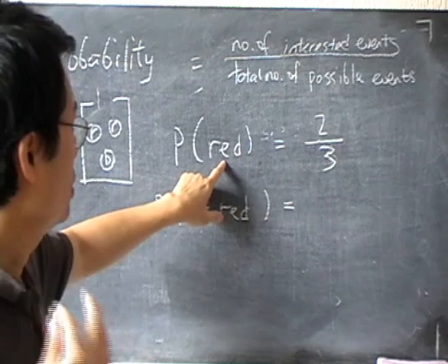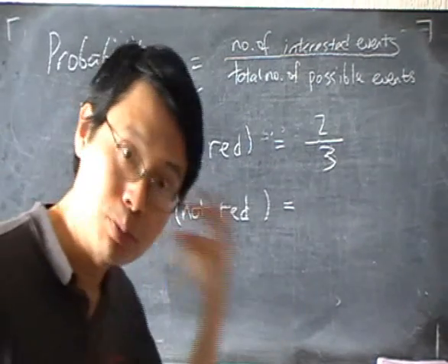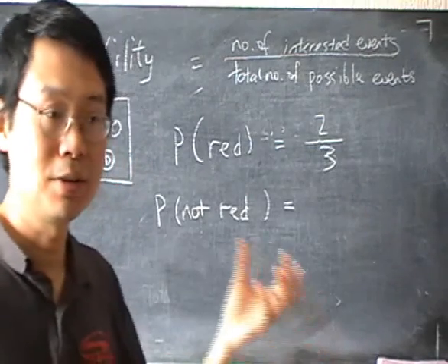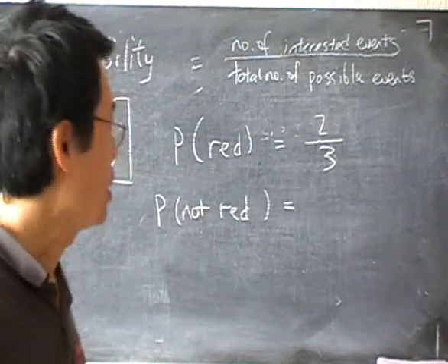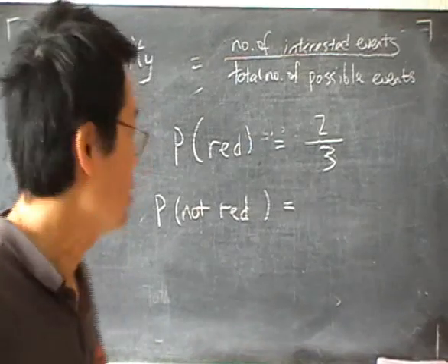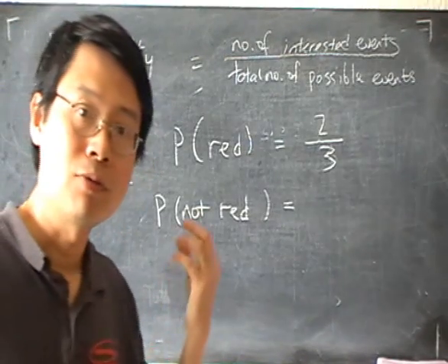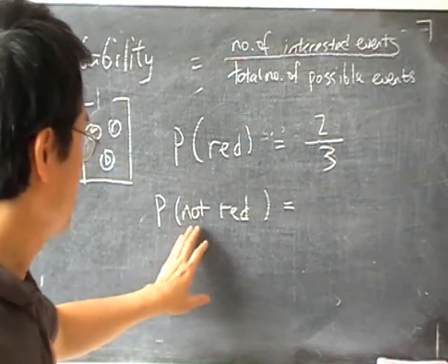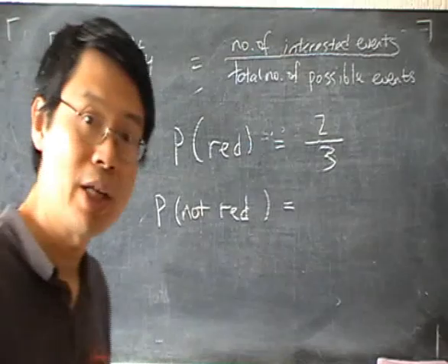I can think of, because I want to pick a red ball, so if I actually succeeded in picking a red ball, then I can think of that as a success. But if when I pick a ball, it turns out not to be red, then I can think of this as a failure.